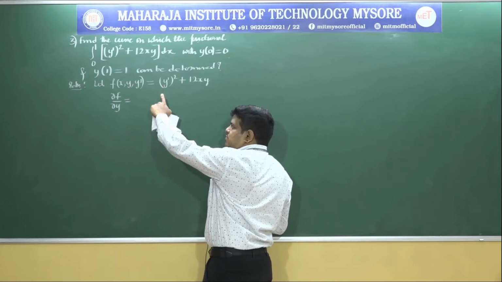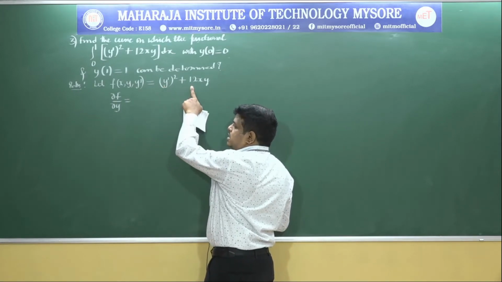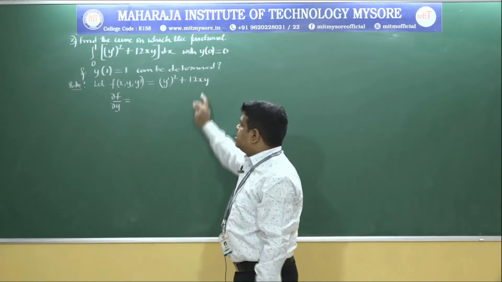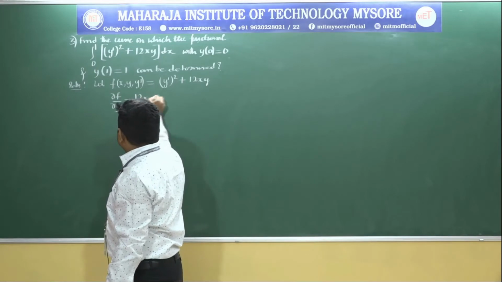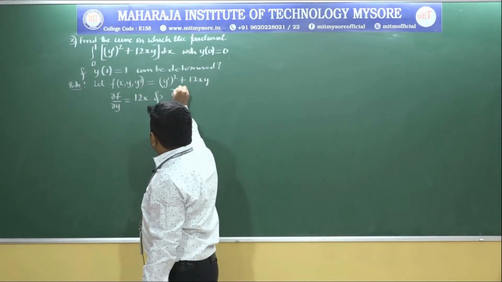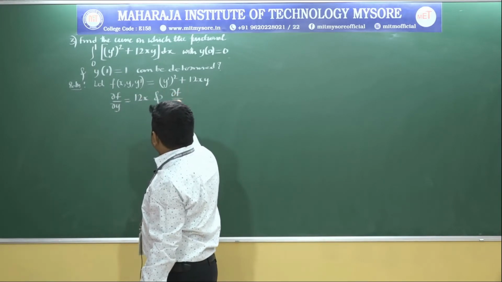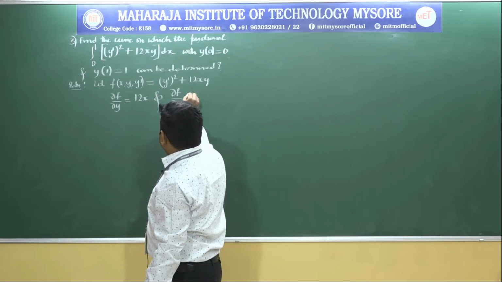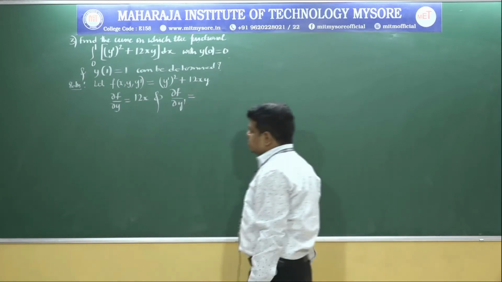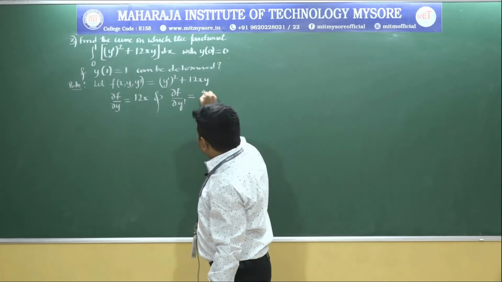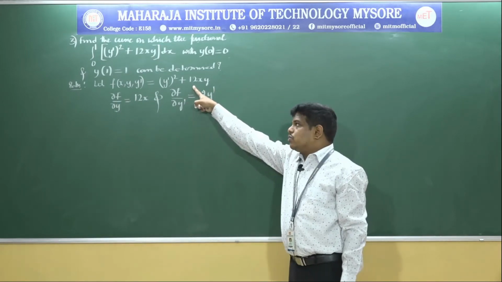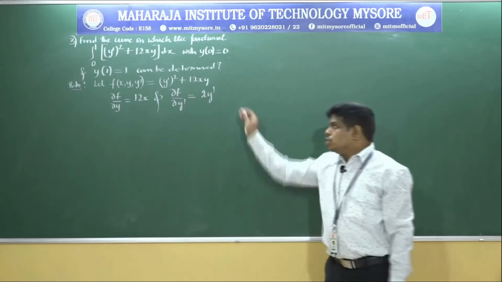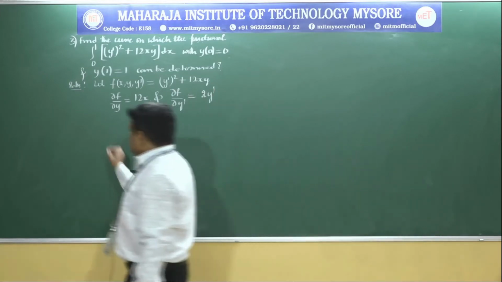Y dash is constant, so the first term becomes 0. In the second term, 12x is constant, the derivative of y is 1, so you remain with 12x. And the partial derivative of f with respect to y dash, that is dou f by dou y dash, equals 2y dash plus 12xy. Since x and y are constant, the second term becomes 0, and you remain with 2y dash.